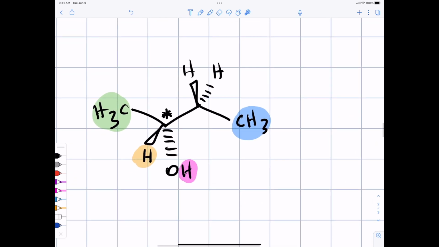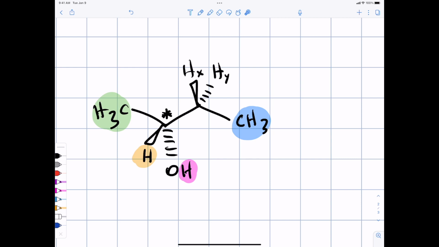Tell me about that with, let's choose different letters, X and Y. Tell me about X and Y and whether they're identical or not.